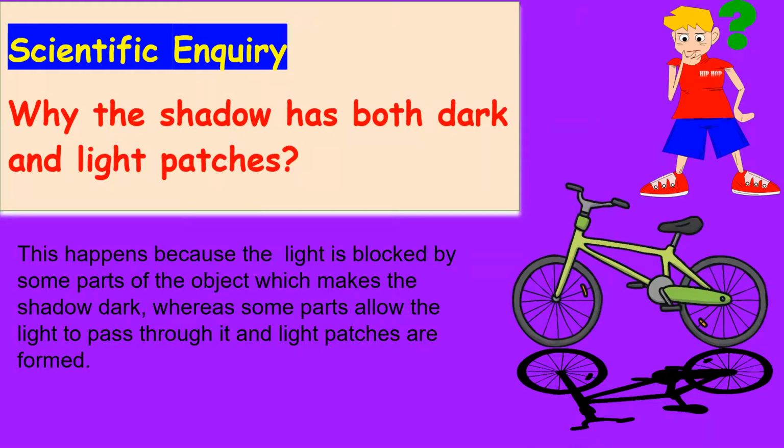Now, scientific inquiry. Why does the shadow have both dark and light patches? This happens because the light is blocked by some parts of the object, which makes the shadow dark, whereas some parts allow light to pass through it and light patches are formed.